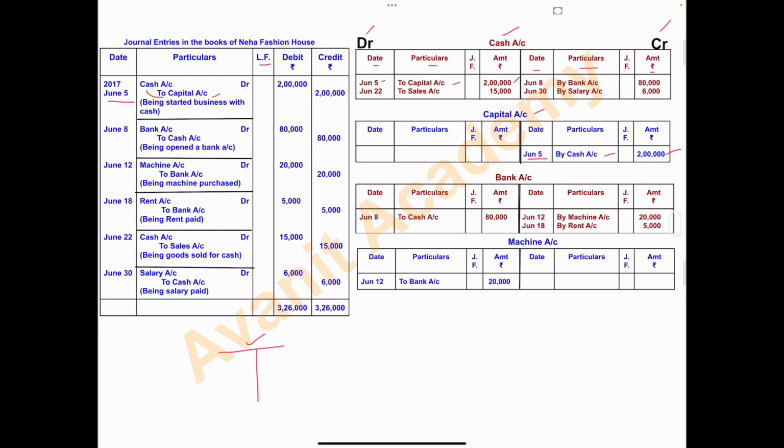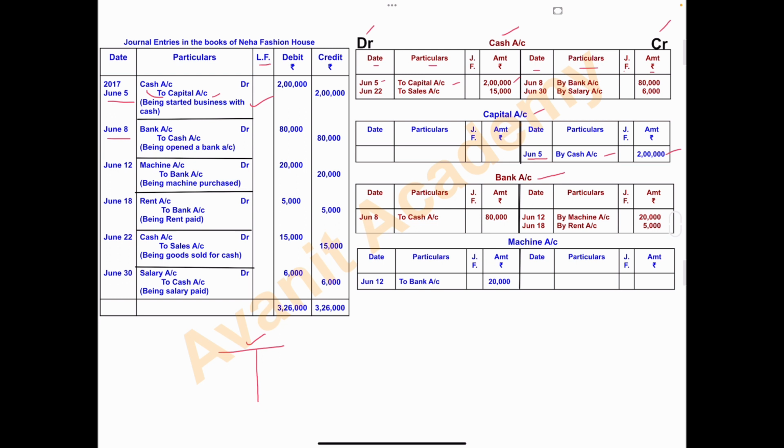Got this first transaction? On June 8th, the entry is bank account debited to cash account. For the second entry, what do we have to do? We have to prepare the bank account, and the cash account we have already prepared. So write the heading bank account.